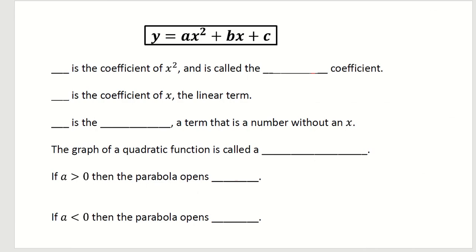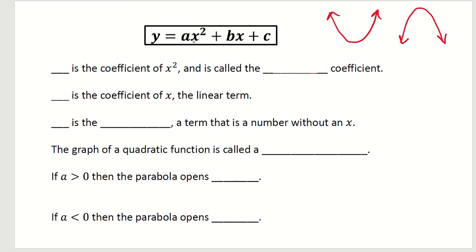Now, Mr. Averill taught you that whenever we have an equation in the form y equals ax squared plus bx plus c, that's a quadratic equation, and its graph will be a parabola that either opens up or might even open down. What we would like to talk about today is the parts of this equation.